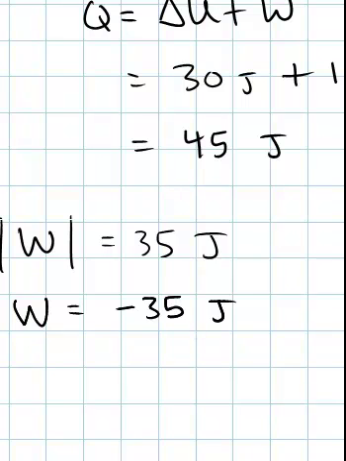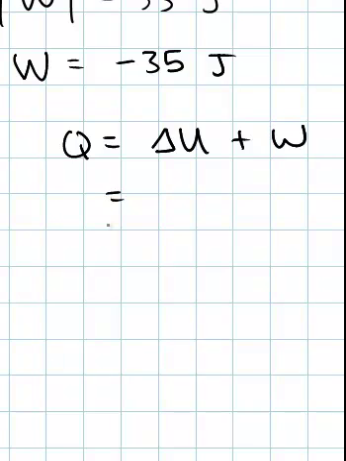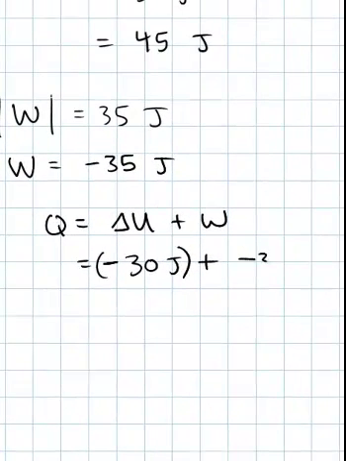So now we can find Q, delta U plus W, and delta U, what's delta U? It's negative 30 joules, and W, negative 35 joules. This one, we just said, the volume is getting smaller, right?